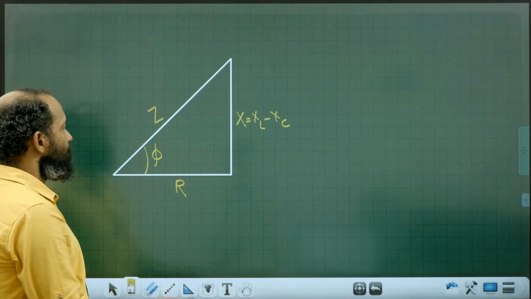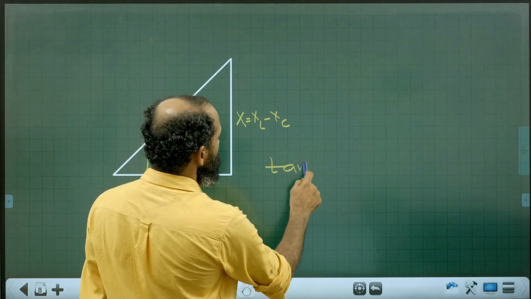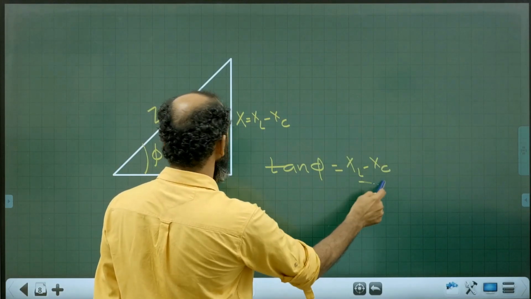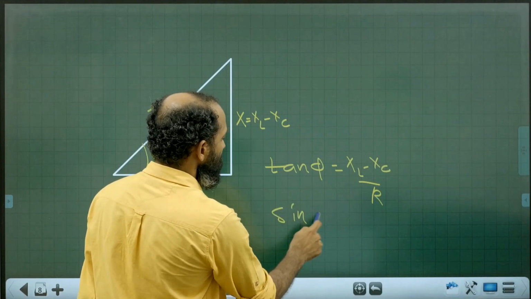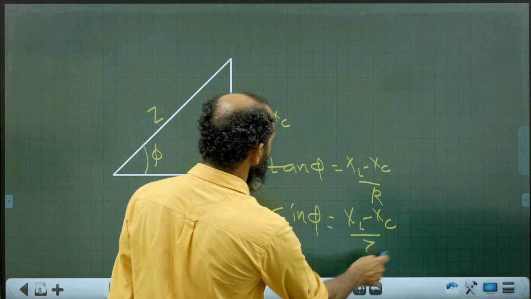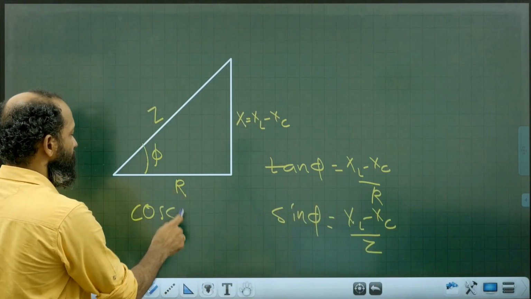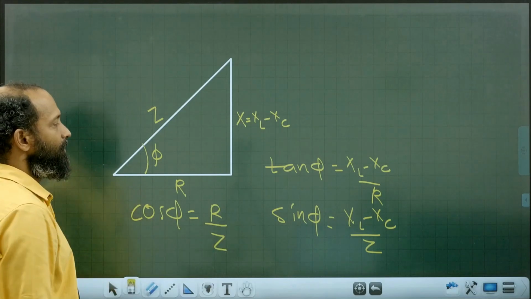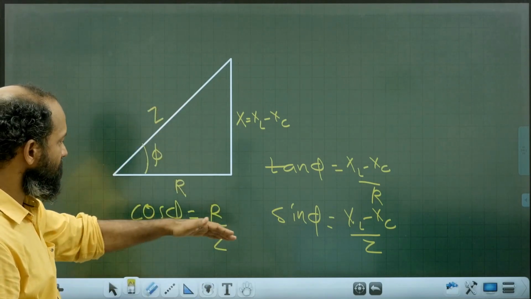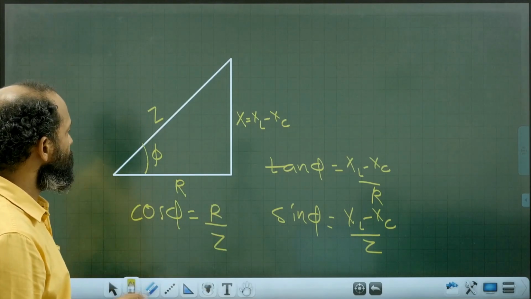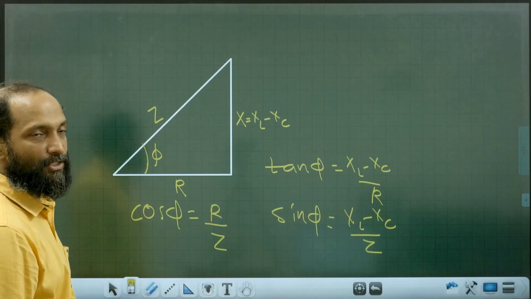From this triangle you can find tan phi equal to XL minus XC divided by R. Then sin phi equals XL minus XC by Z. Then cos phi, which is the power factor, equals R divided by Z. So cot phi, cosec phi, sec phi, all that you can define from this. This is the triangle called the impedance triangle.